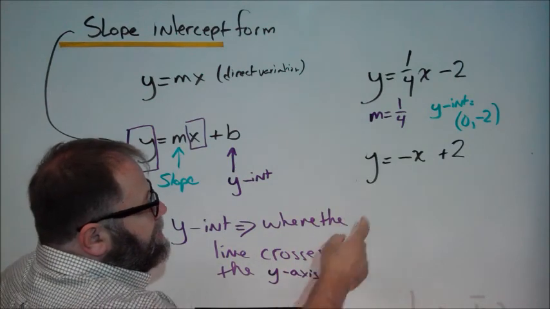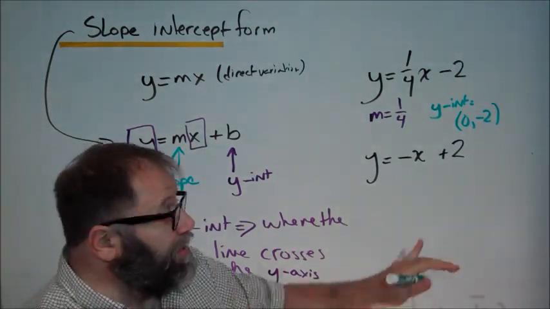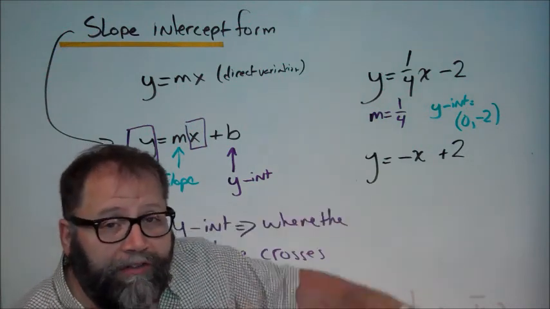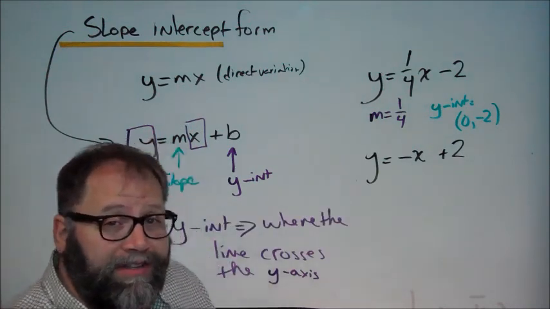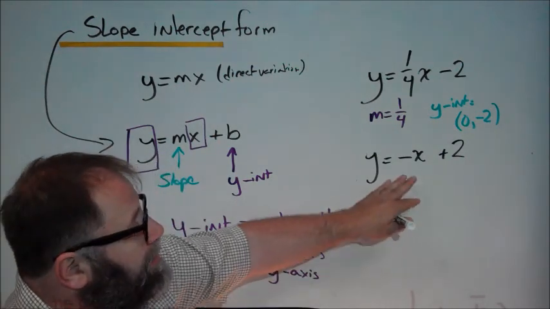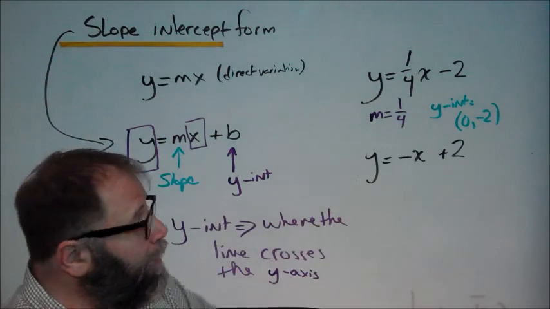In the second equation, there's a little mystery. There's no coefficient that we see literally, but every variable that doesn't have a coefficient secretly has a coefficient of 1. But in this case, it has a coefficient of -1.